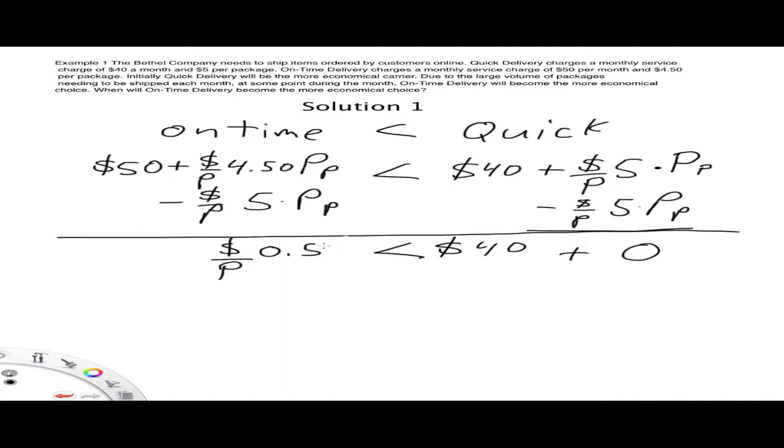I probably should have picked a different units term. And that's plus 50. So I've got that part done, and 40 plus 0 is just 0.